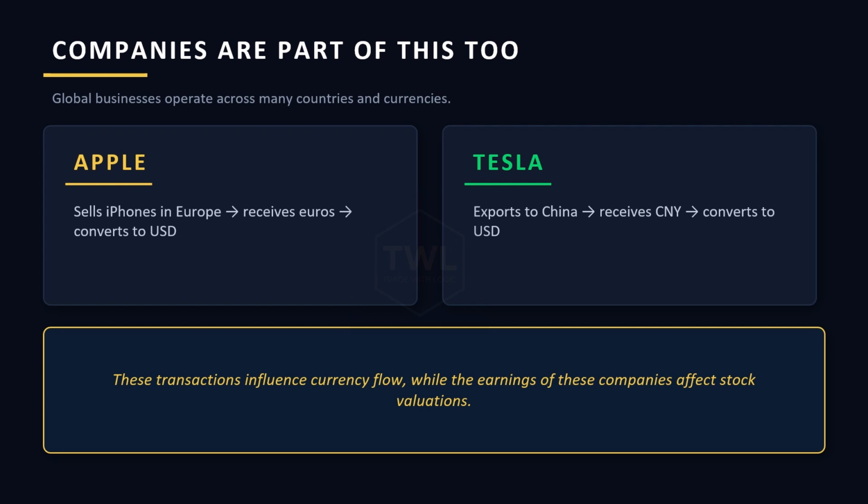When Apple makes a lot of money selling iPhones overseas, that's good news for Apple's stock price. But it's also a tiny ripple in the currency markets because all that foreign money is getting converted. Big companies operating globally are constantly creating these ripples, and ripples from thousands of companies added together become waves you can actually see on a chart.